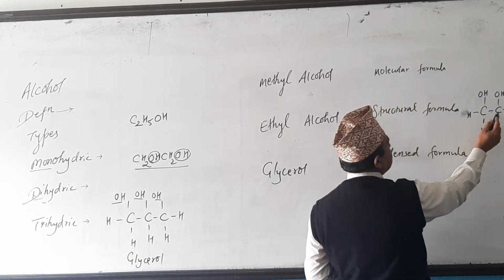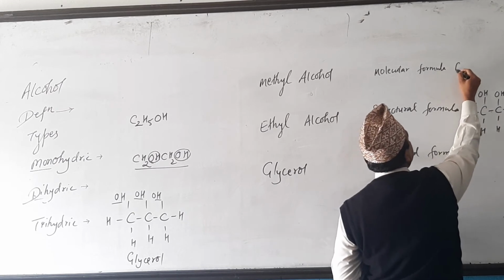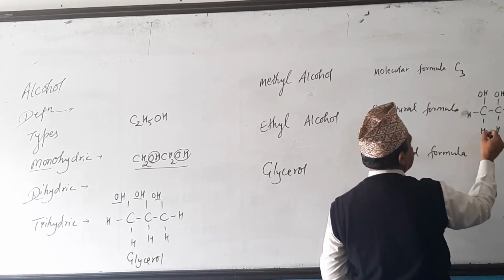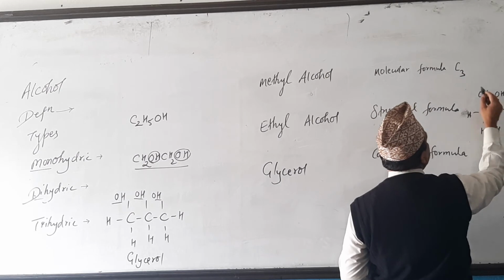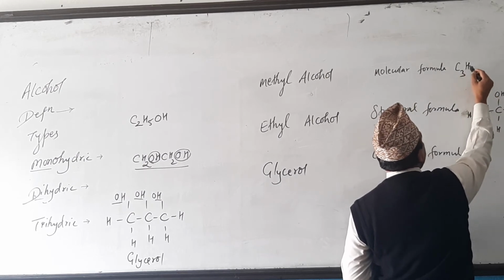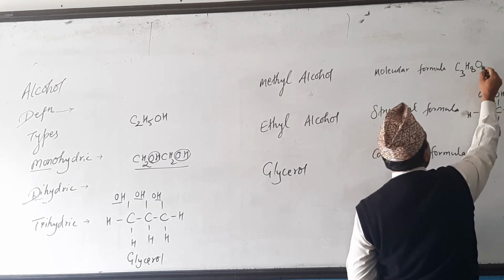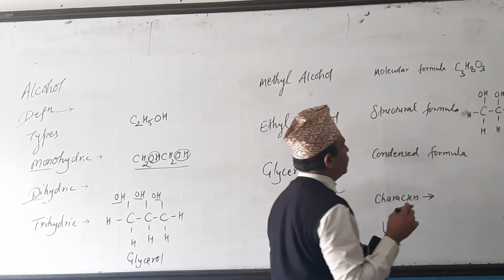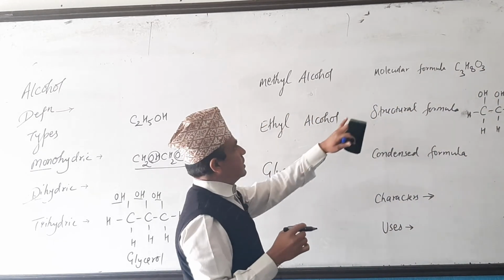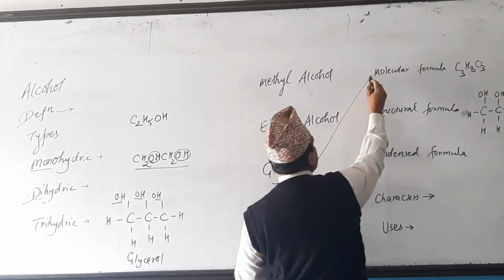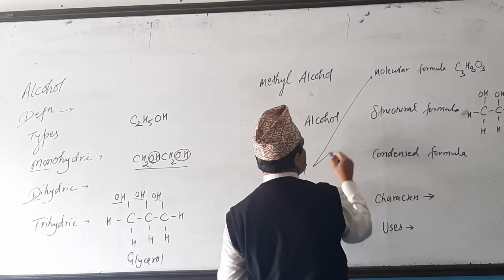Count. 1, 2, 3. C3, H 1, 2, 3, 4, 5, 6, 7, 8. H8, O3. Very simple. Molecular formula of glycerol is C3H8O3.